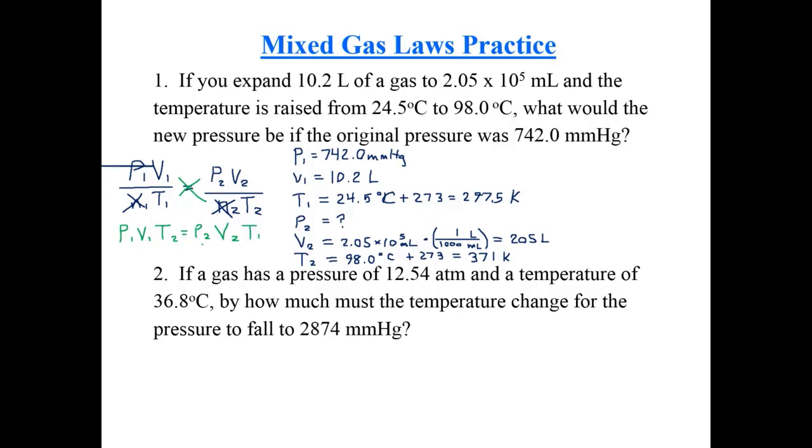Once I have the fraction eliminated, I know I'm solving for P2, so I can isolate P2 by dividing both sides by V2 and T1.